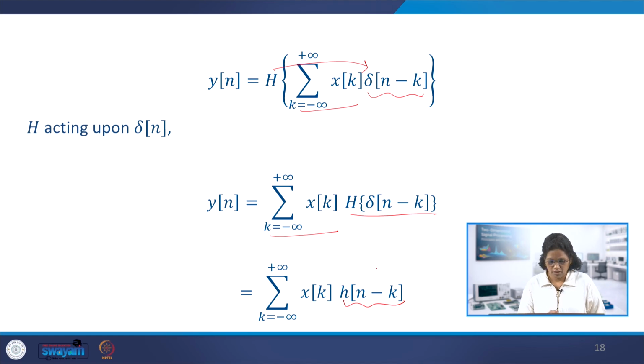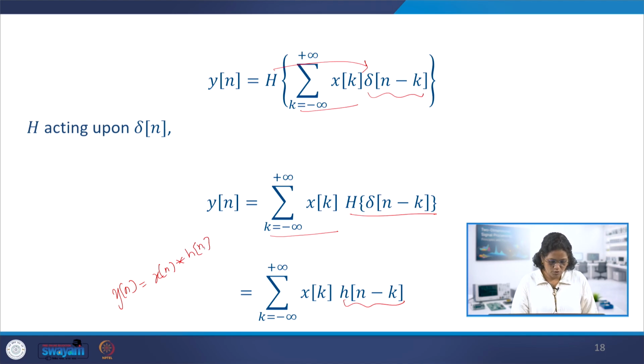What we can say from the convolution sum is that y[n] equals the convolution of x[n] and h[n]. The operator is replaced with the convolution symbol, the asterisk, x[n] * h[n].